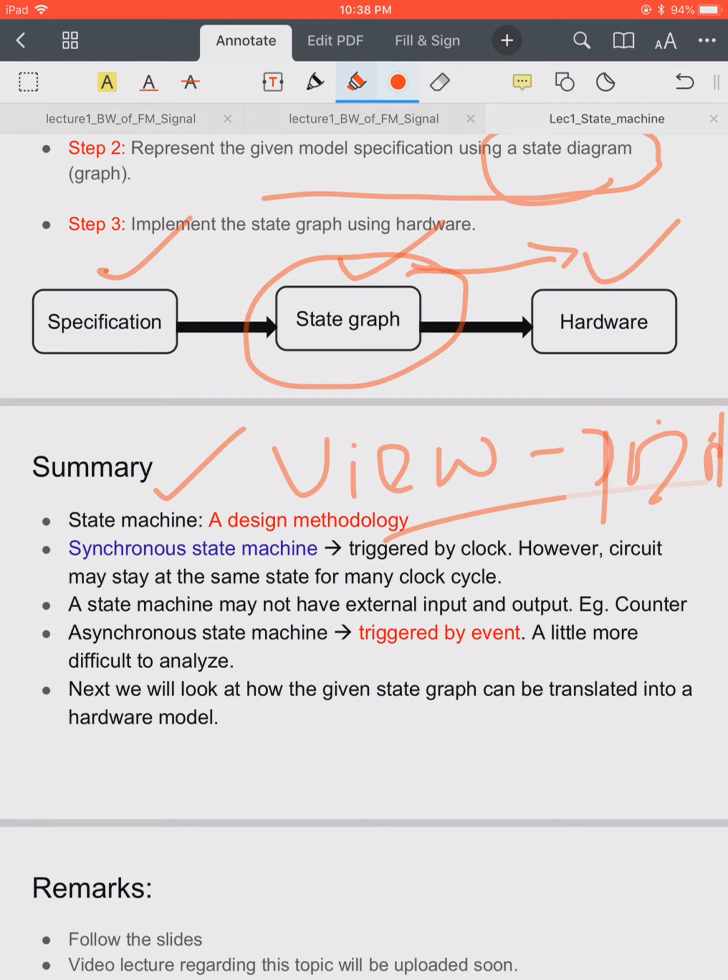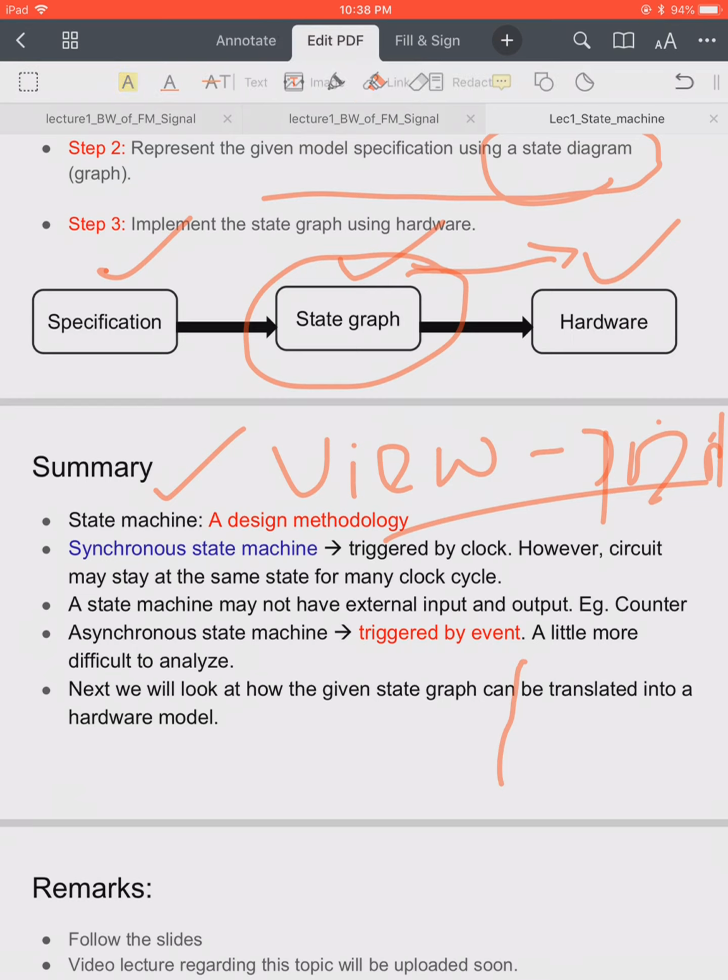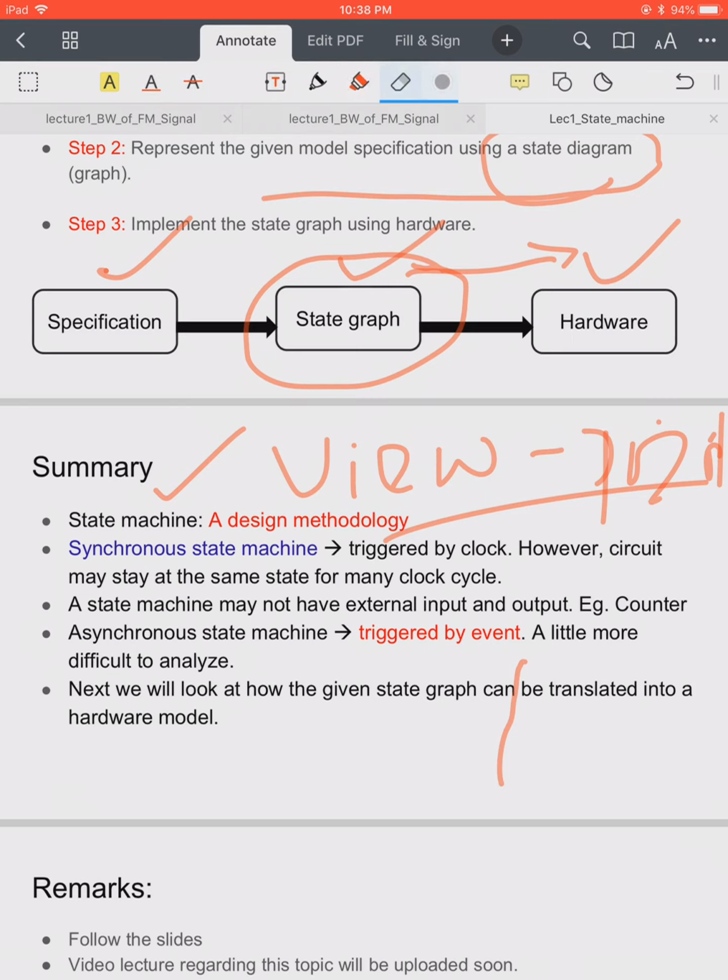We'll mainly discuss the synchronous state machine right now, and later, if time permits, the asynchronous state machine. In the next lecture we will focus on how, from a given state graph, we can translate it to a hardware model.